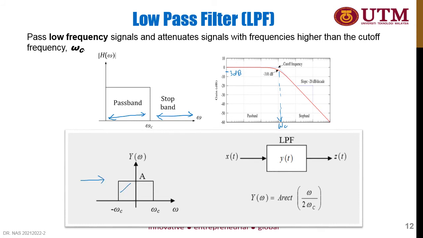This is where the lower frequency component will be passed through, and the higher frequency component will be removed from the system. So the transfer function, or the equation of the low pass filter, is expressed as A rect of omega over 2 omega c.